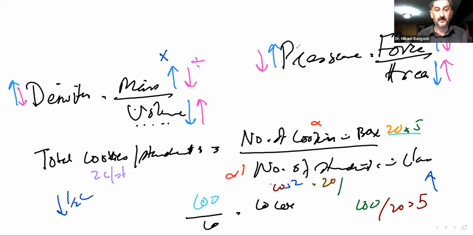Force is going to increase the pressure. Whether it's volume for density or area for pressure, when you increase the area, the pressure will decrease. Now that's provided that force is kept constant. If the force also changes, that's going to have its own effect on the pressure.